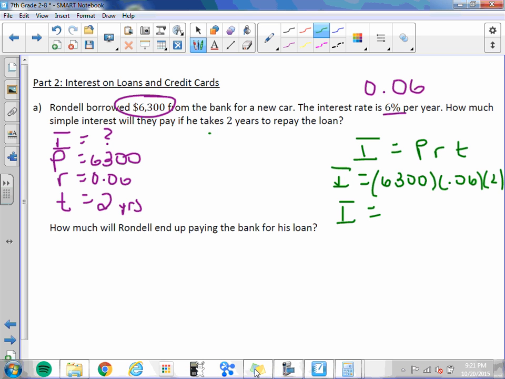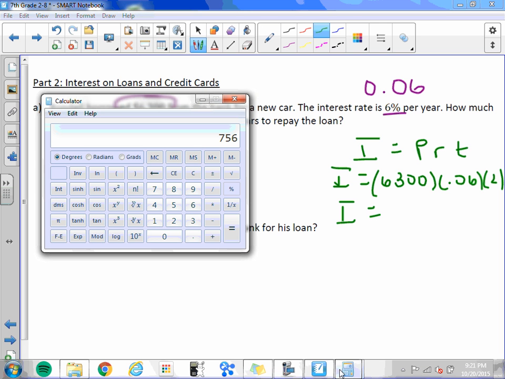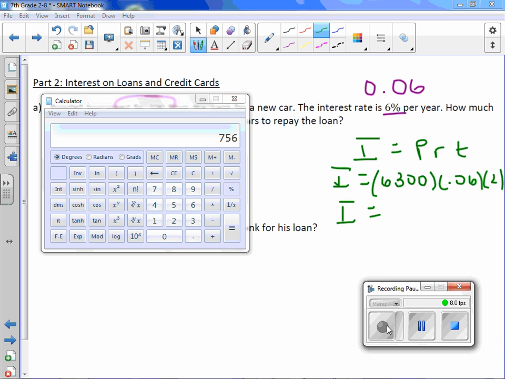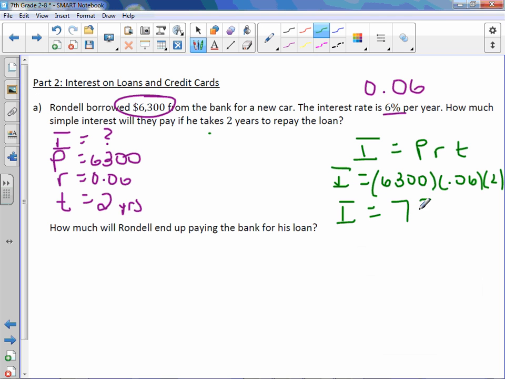Multiply them together. $6,300 times 0.06 times 2 equals 756. So I equals 756. That's how much interest he has to pay.